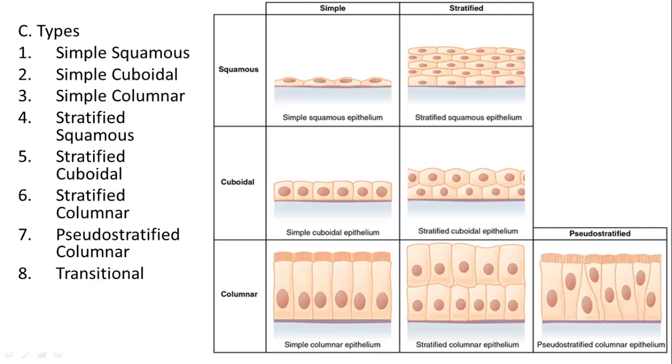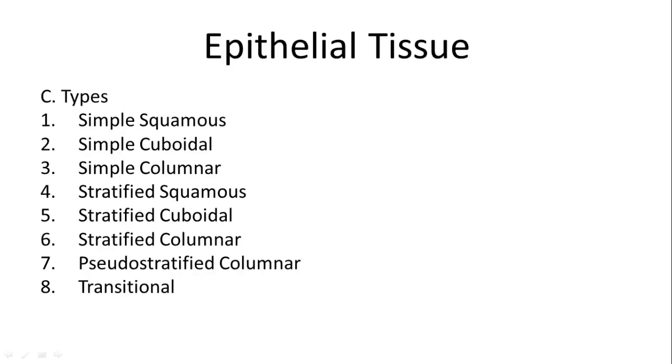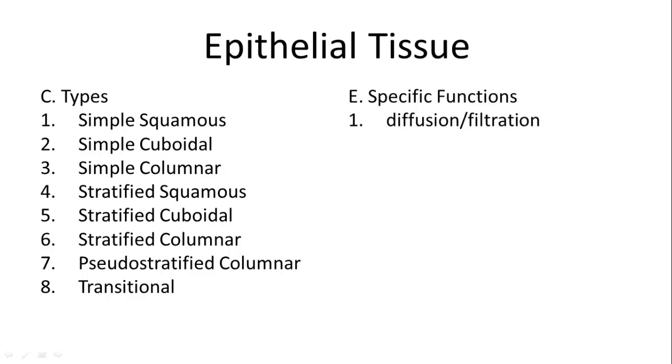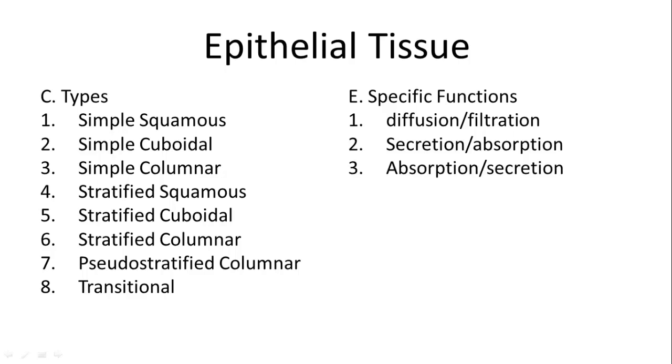Now, each of these, again, their structure relates to their function and their location. A simple squamous tissue is for diffusion or filtration. It's a small, thin layer, so things go in and out of it. Simple cuboidal is for secretion. Those cuboidal cells are generally producing something, which is why they're nice and thick. Columnar as well, absorption and secretion.